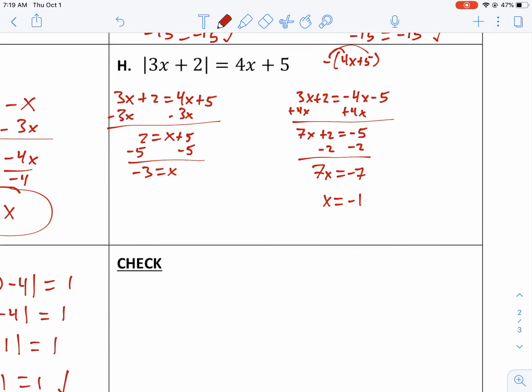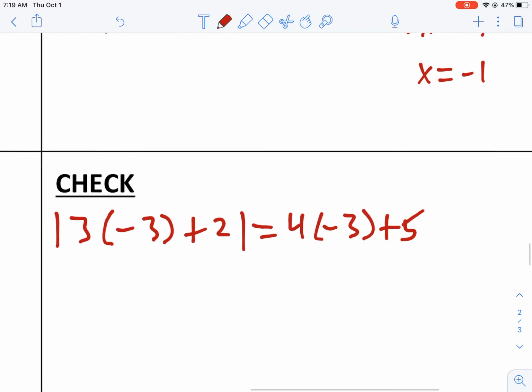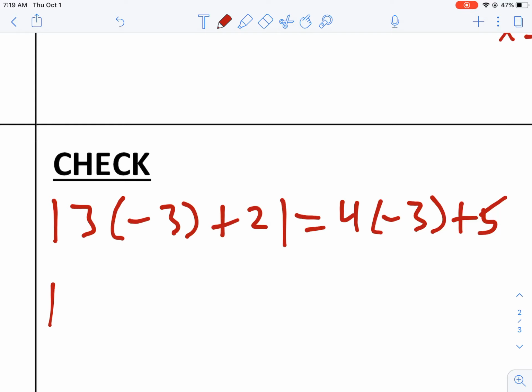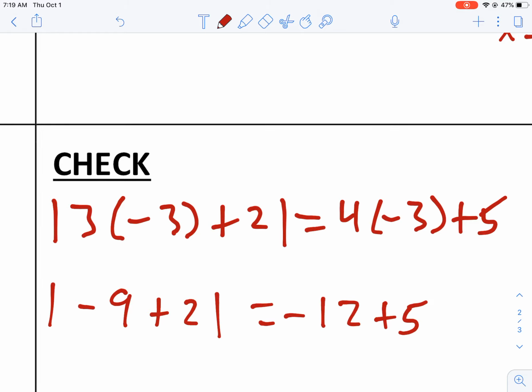So answer number 1, negative 3, we plug that in. We've got 3 times negative 3 plus 2 equals 4 times negative 3 plus 5. 3 times negative 3, that's negative 9. 4 times negative 3, that's negative 12.